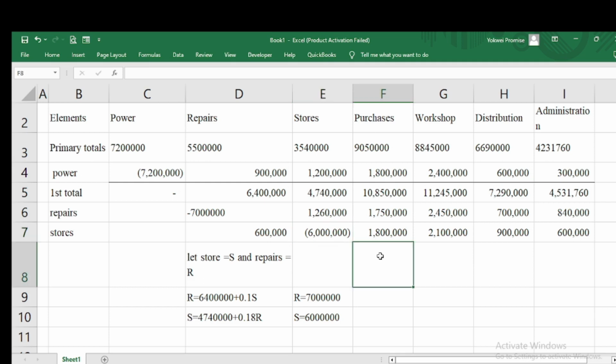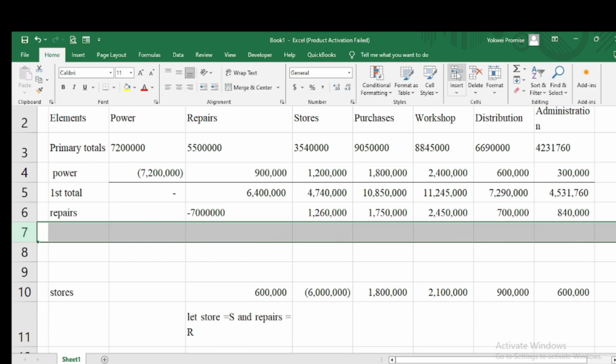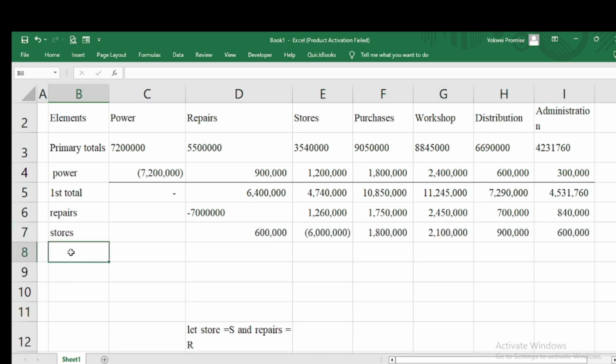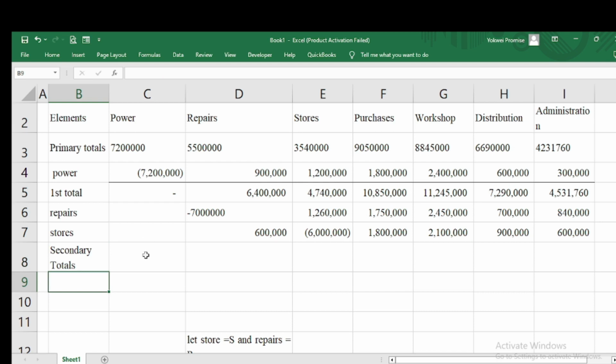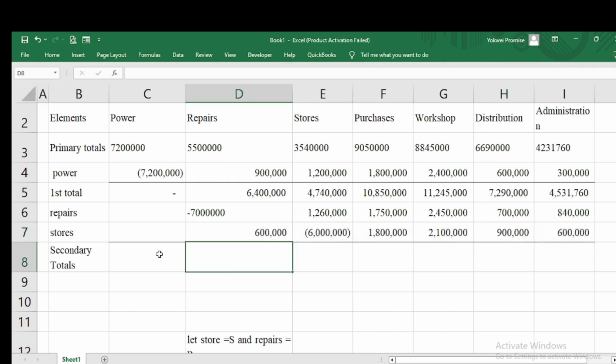Okay. Now we take the totals to have the secondary totals. From here, what we are moving to is the secondary totals, which will be equal to, so we'll be adding everything.